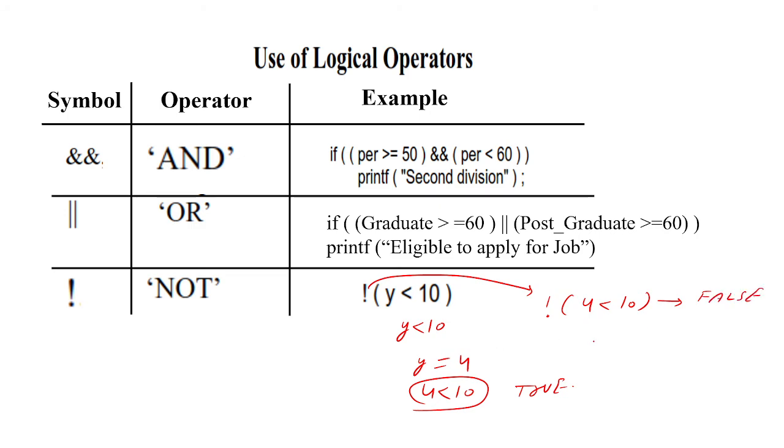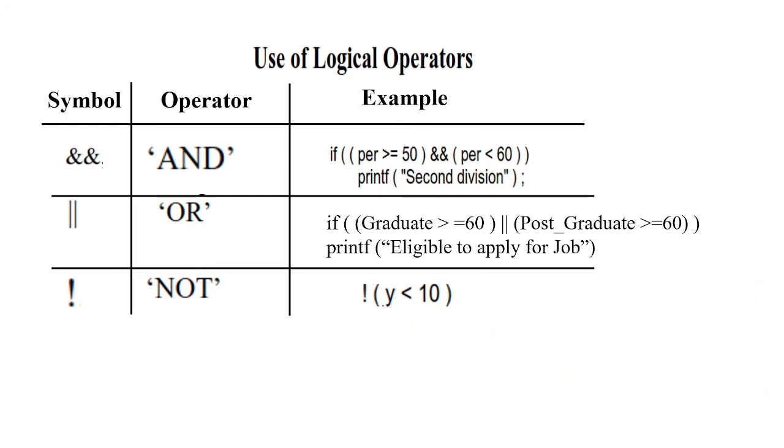And if y is equal to 12, then 12 less than 10 is false, but on applying this NOT operator, it will become true.